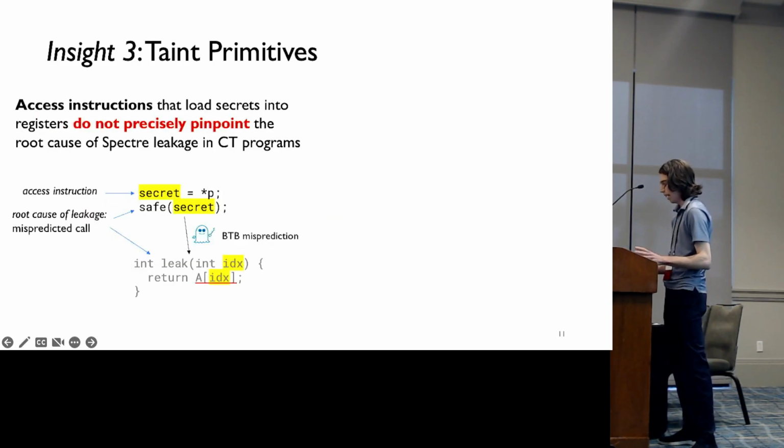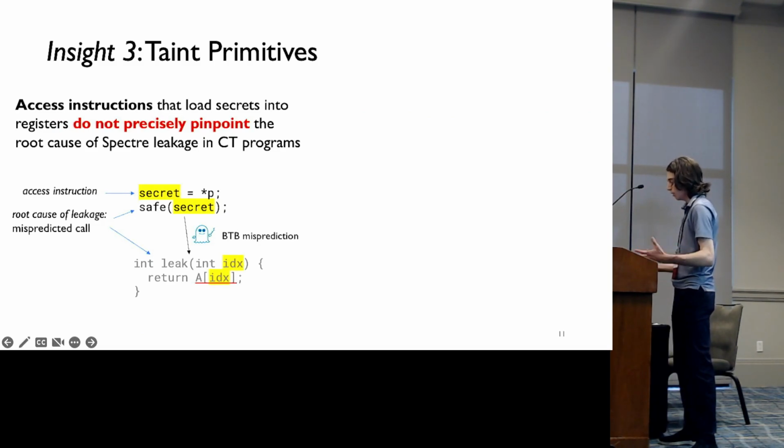Okay, so now that we have both the speculation constraints and static constant time, we can develop this new notion of a taint primitive, which will help us pinpoint the source of Spectre leakage in constant time programs. So in contrast, prior work often attributes the source of Spectre leakage to these things called access instructions, which are simply loads that load secrets from memory into registers.